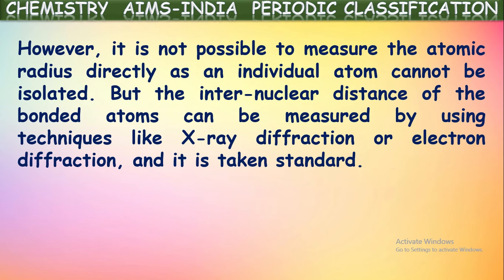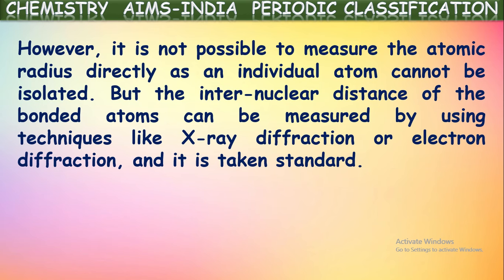But the internuclear distance of bonded atoms can be measured using techniques like X-ray diffraction or electron diffraction, and it is taken as a standard. So how do we calculate the atomic radius? Calculation for an individual atom is not possible because we cannot isolate an atom from the element, being very small.